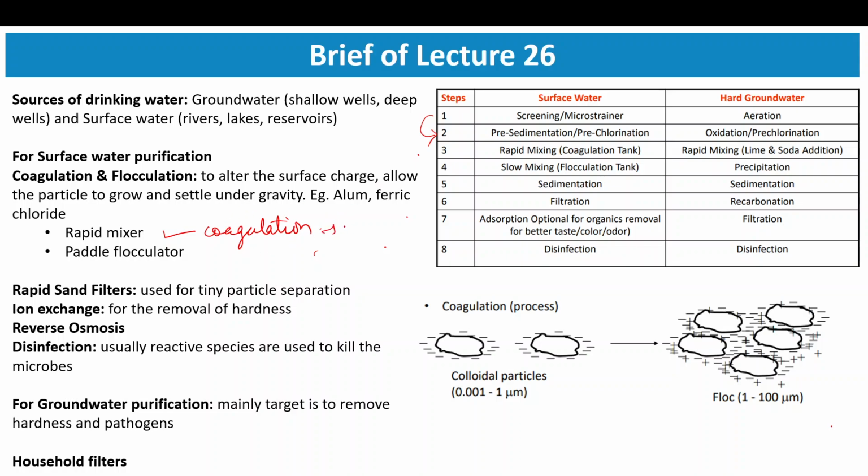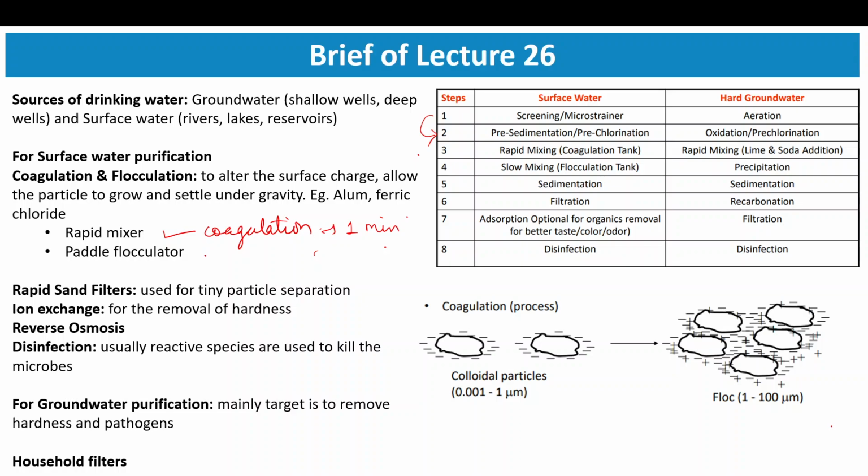And here the retention time, or the time provided for mixing, is very small. Within a minute, or even a few seconds, the stirring happens and we are taking out water. It is a continuous process, and whatever water enters might have a contact time of around 1 minute.